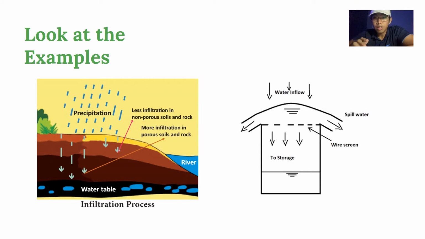When the water enters the surface, percolation will happen because of the gravity pull exerted on them. However, in some cases, not all the water was infiltrated. There is also water that runs off to the nearest storage, such as a river.